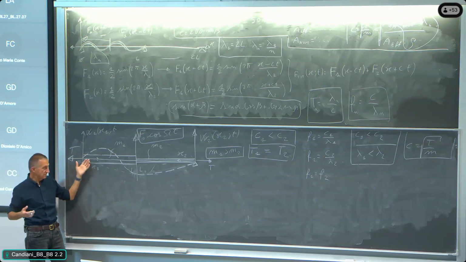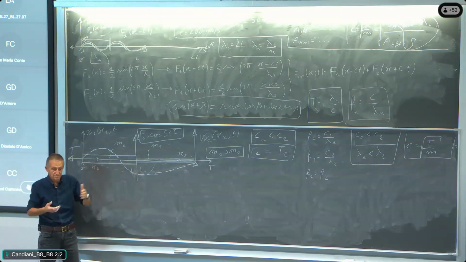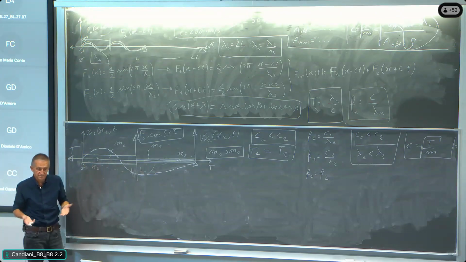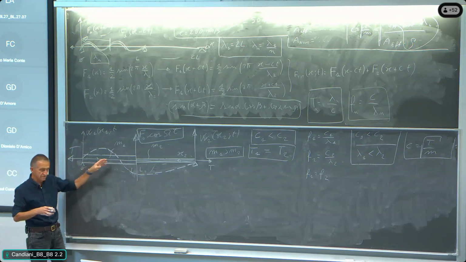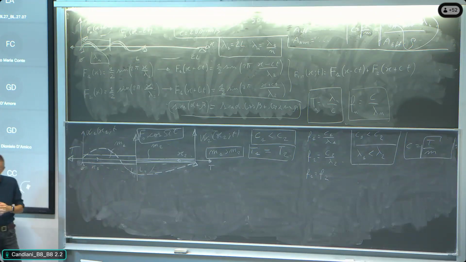It's exactly the same, if the mass is the same on left and right, as the cable that you studied the last time. And so it will be a little bit of a variation of that, a little bit more complicated because the mass per unit length has two domains, so it is not exactly the same, but quite similar.